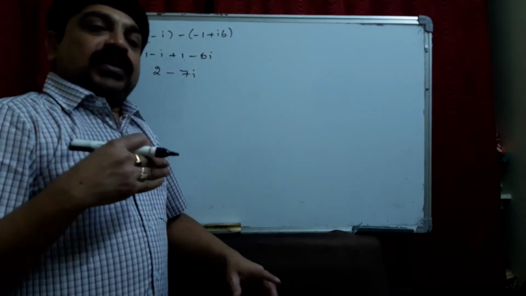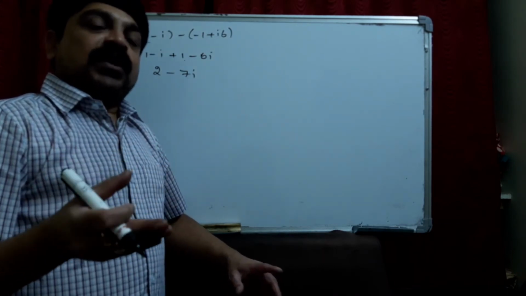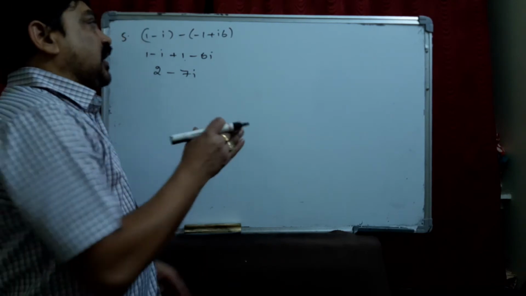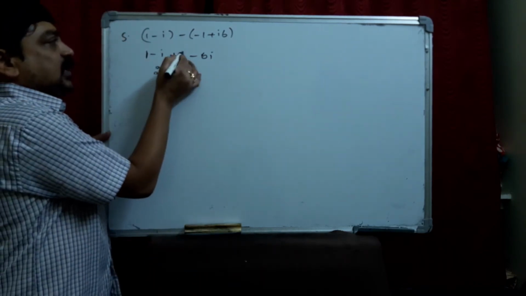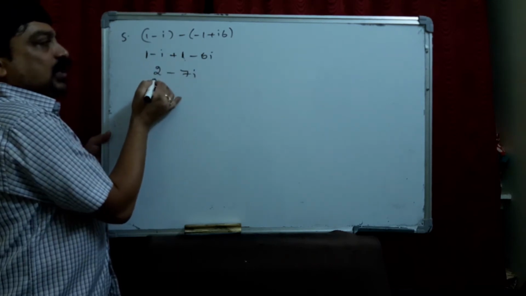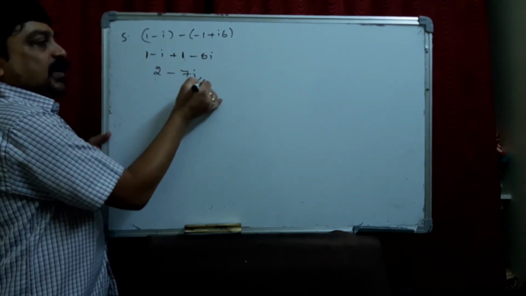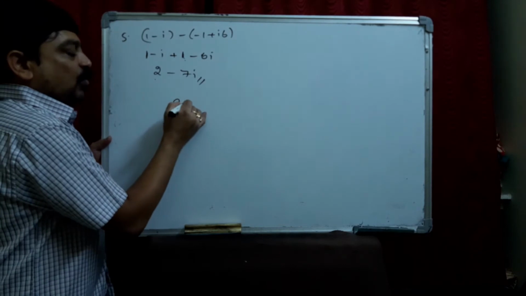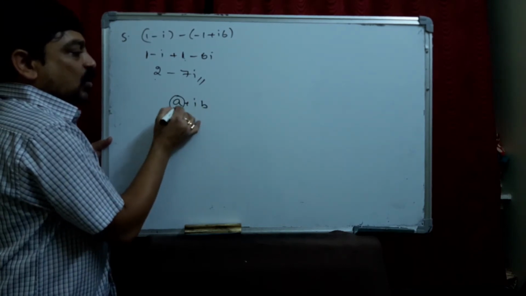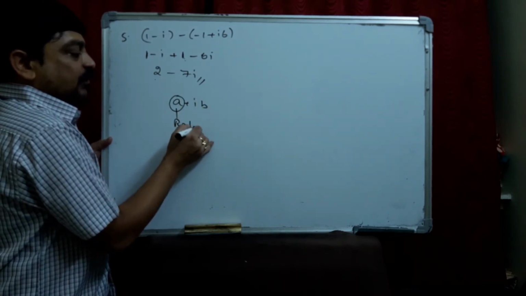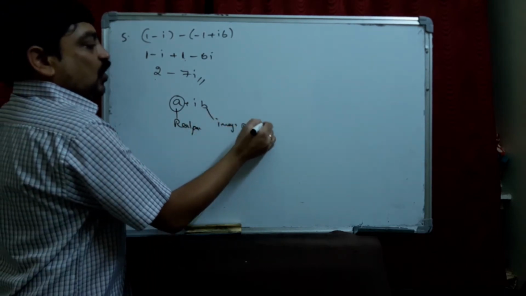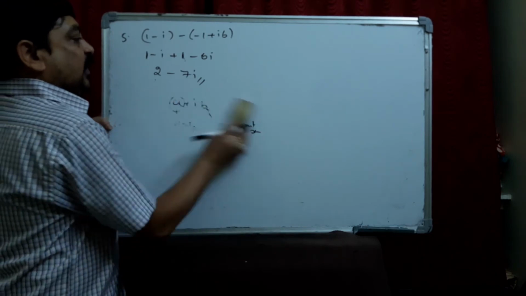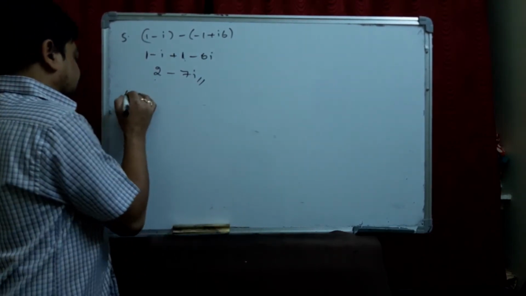We can add all the real numbers and we can add all the imaginary numbers, but real and imaginary cannot be added together. See, this is the real number, this is the real number. So you can add both real numbers and you can add both imaginary numbers. And when you write it in the form of a plus ib, this is called the real part of the complex number and this is called the imaginary part of the complex number. Okay? Right.